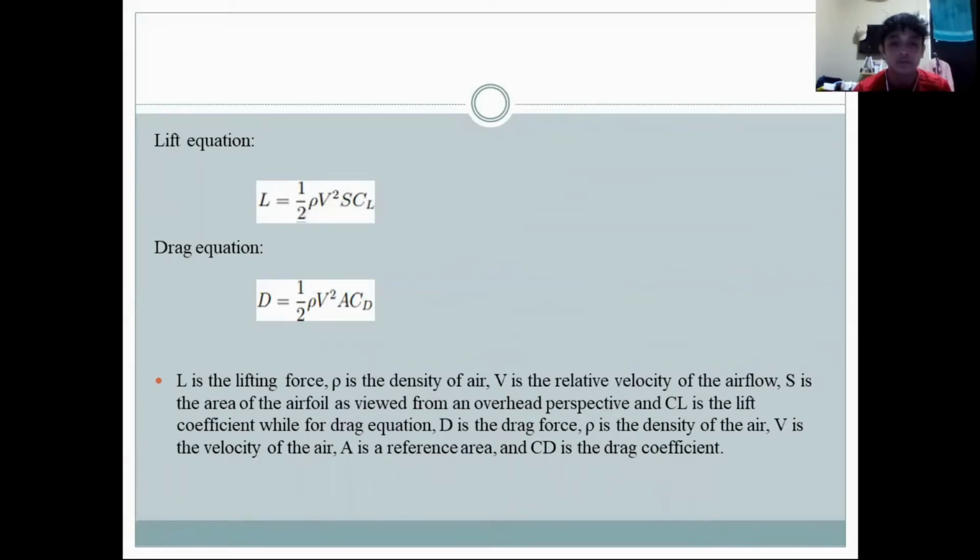For the drag equation, D is the drag force, rho is the density of the air, V is the velocity of the air, A is a reference area, and CD is the drag coefficient.